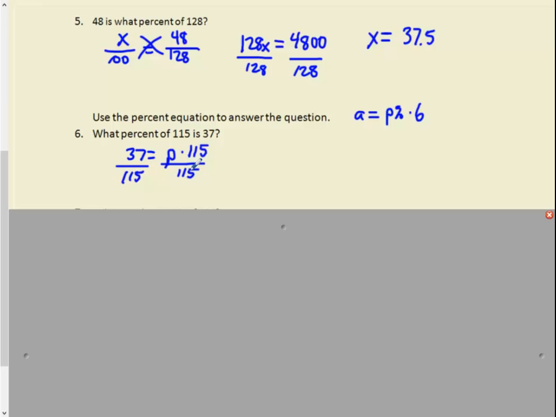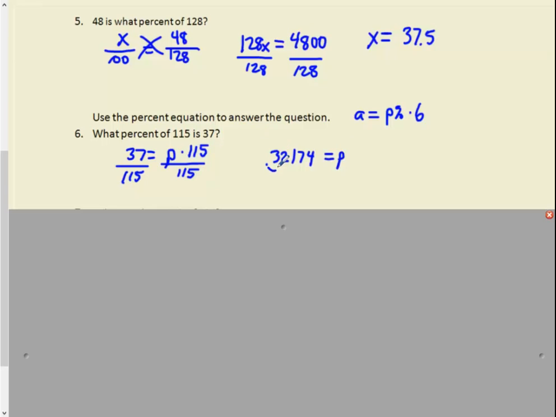So if we take 37 divided by 115, we get 0.32174, and I'm going to round it here, is equal to P. And now, two things. First of all, this is in decimal form.